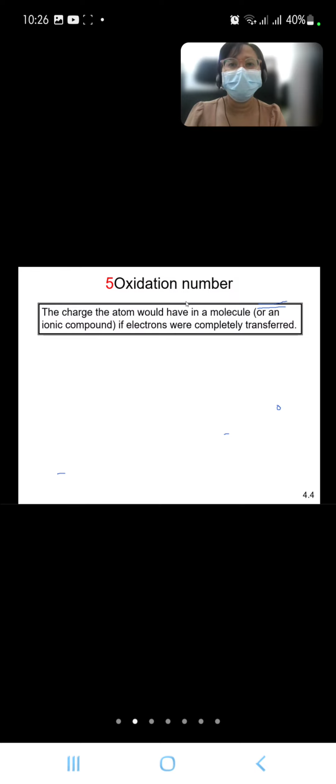So if we say oxidation number, it is the charge the atom would have in a molecule or in an ionic compound if electrons were completely transferred. Okay? So it is the charge an atom would have in a molecule if the electrons were completely transferred.